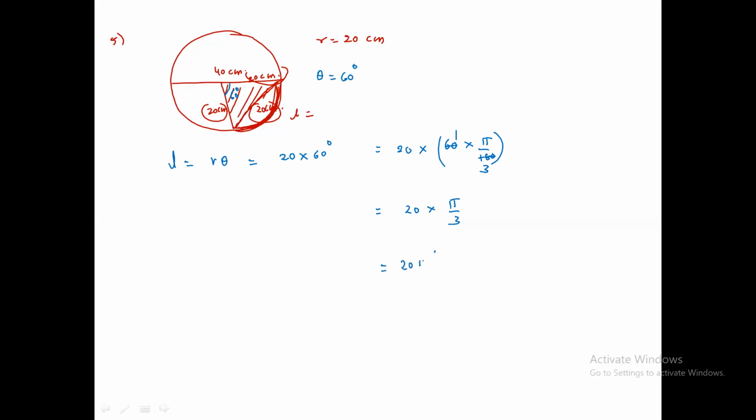Changing it to decimals means a lot of calculation. So this is the length of the arc, minor arc.